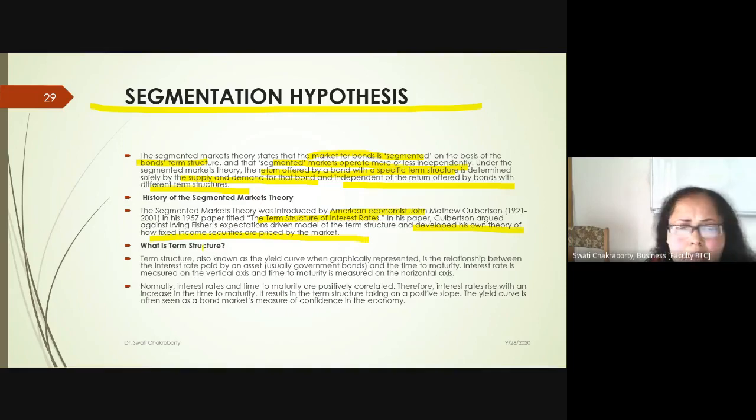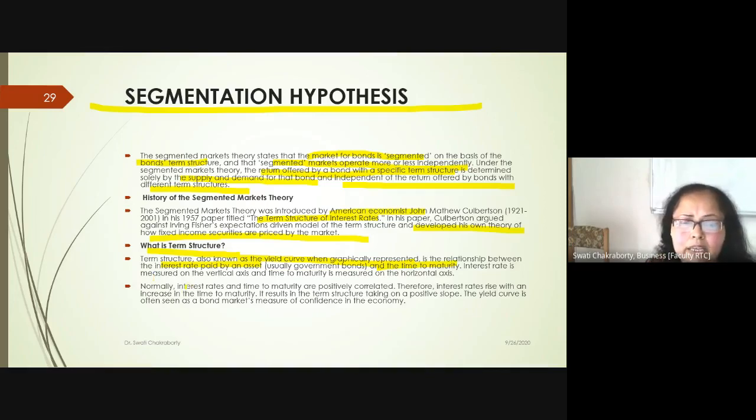So, what is term structure? We've been talking of term structure. It's also known as the yield curve when you represent it graphically. It's a relationship between the interest rate paid by an asset, usually government bonds, and the time to maturity. As we've seen earlier in the diagram, interest rate is measured on the vertical axis and time to maturity on the horizontal axis.